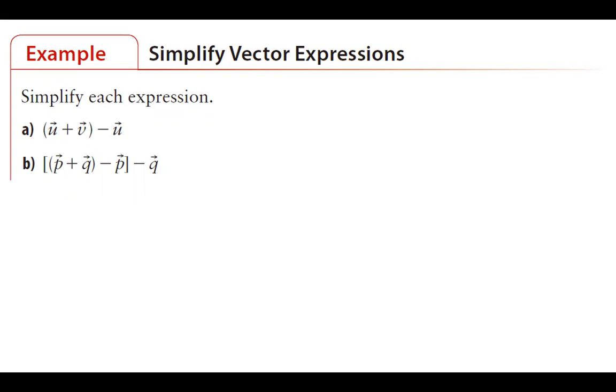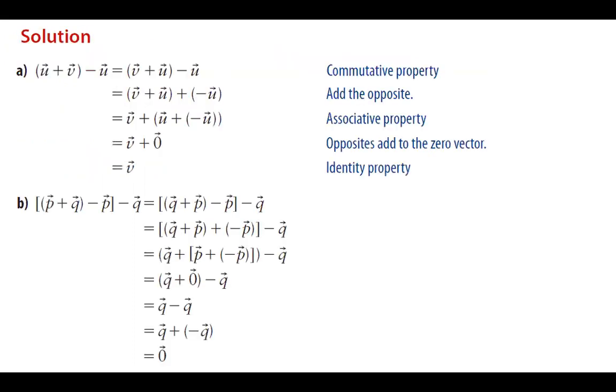Okay, have we finished? Let's have a look at the solution. Question A, the original expression can be written as v plus u minus u. This is according to the commutative property. Then minus vector u can be written as plus negative vector u.